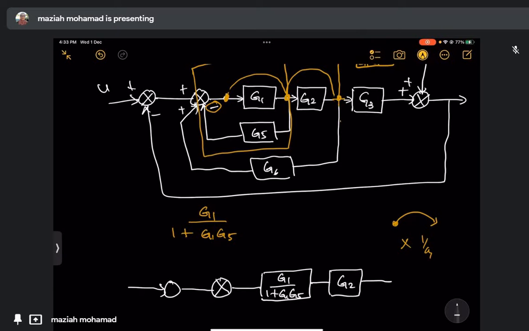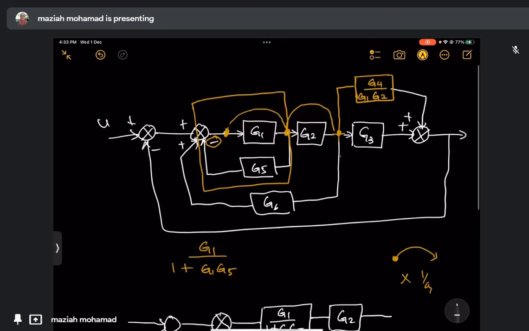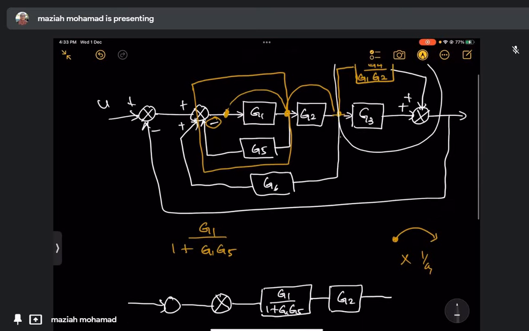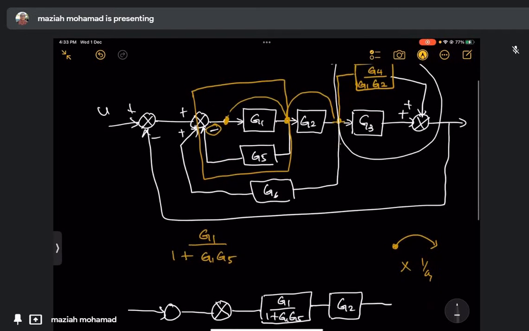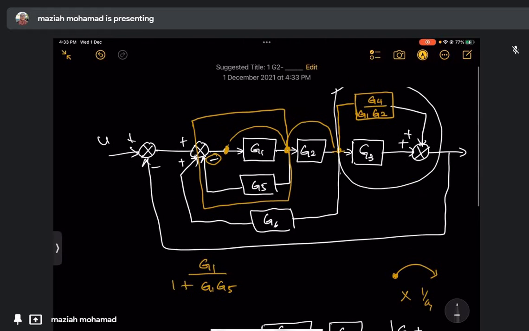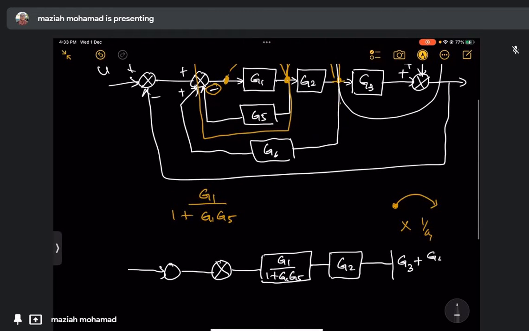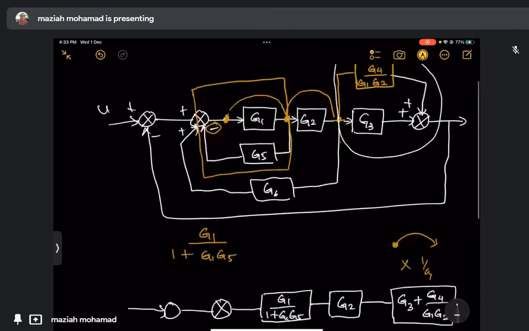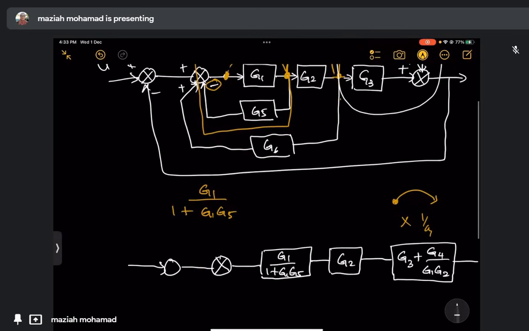And then we can combine these two. So that one will become G3 plus G4 over G1, G2.